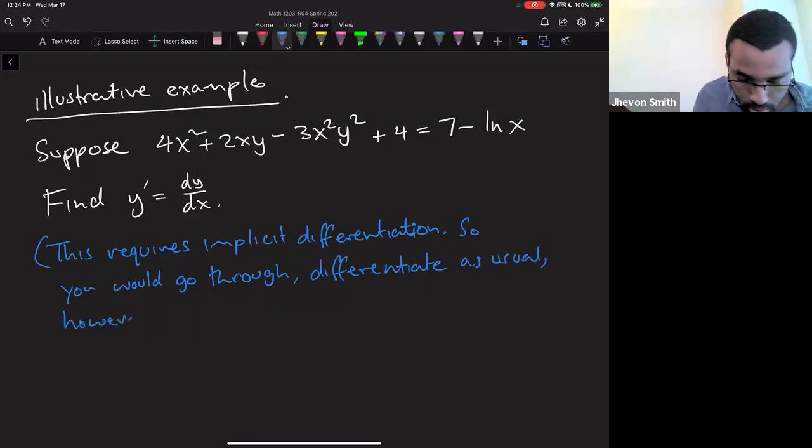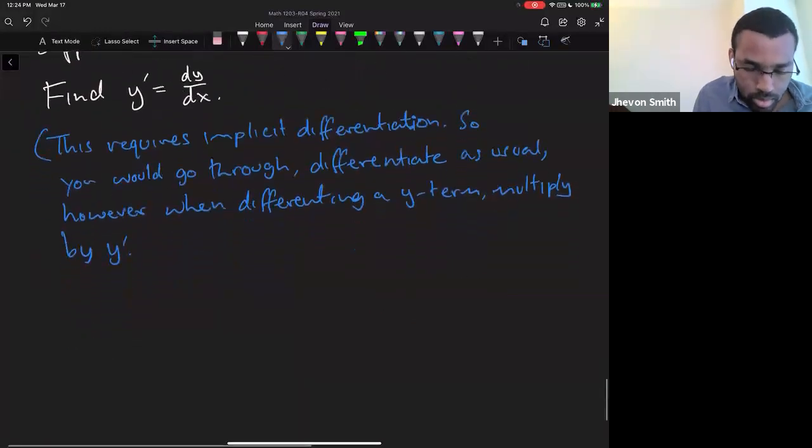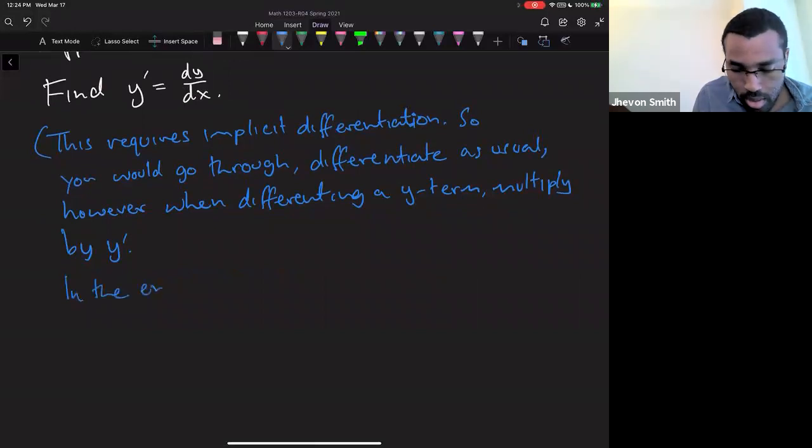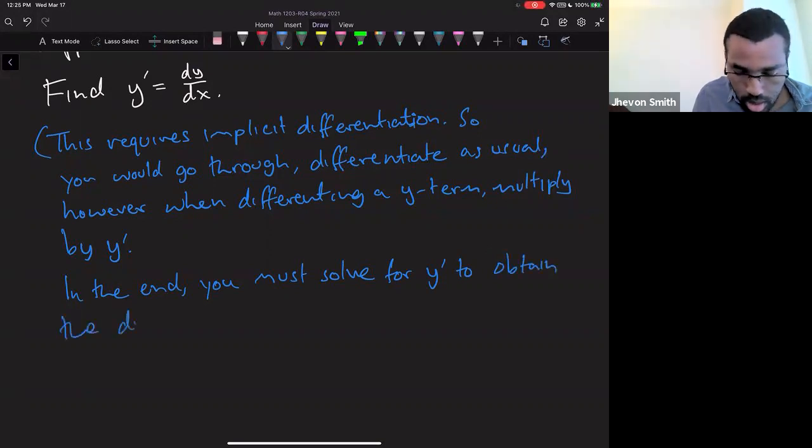However, when differentiating a y term, multiply by y prime. In the end, you must solve for y prime to obtain the desired answer.